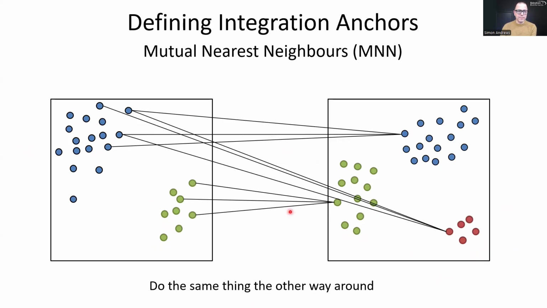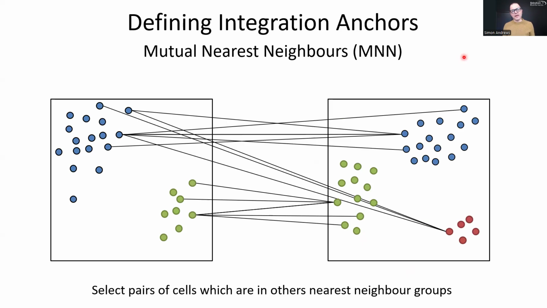Because we've done the nearest neighbors both ways round, what we then find are the mutual nearest neighbors. So we find pairs of cells who are each other's nearest neighbors within some small number of neighbors, and depending on how close your data is, you might need to expand the number of nearest neighbors. You can play around with some settings for that.